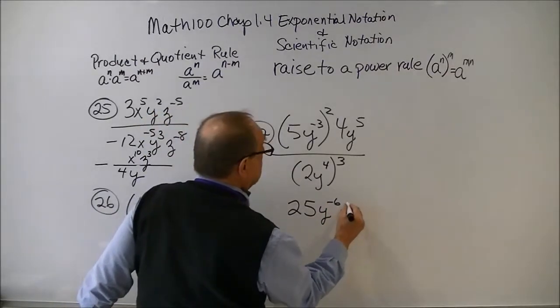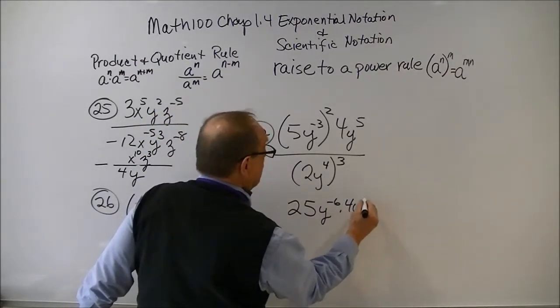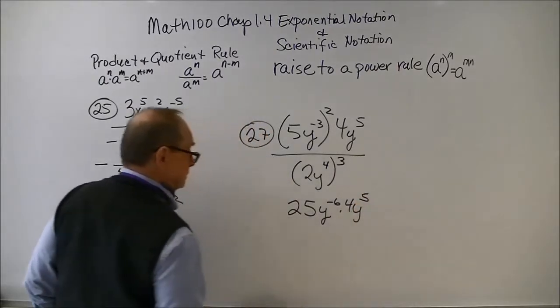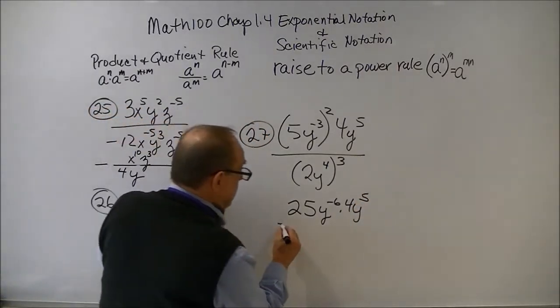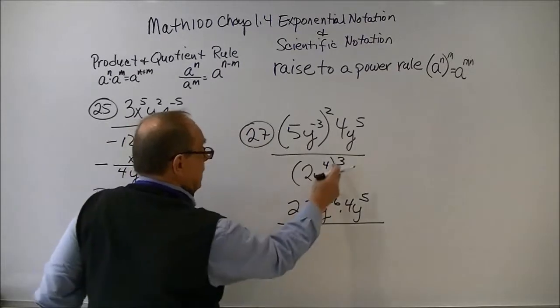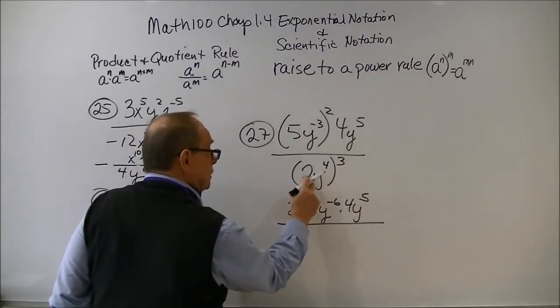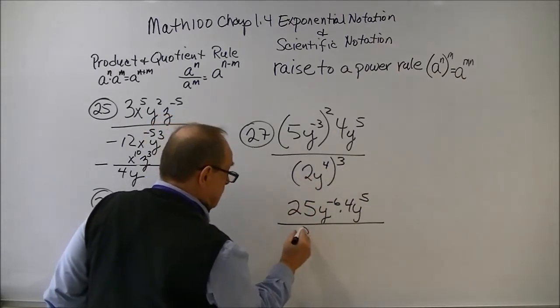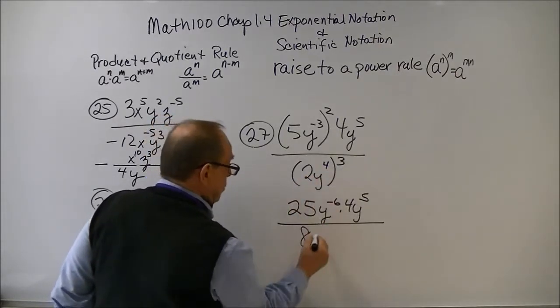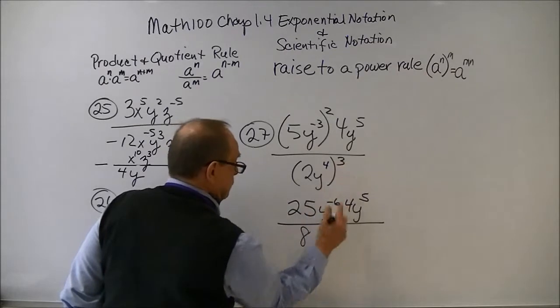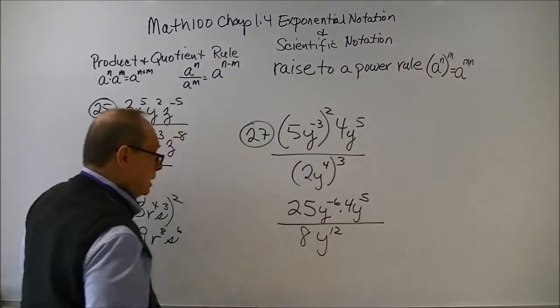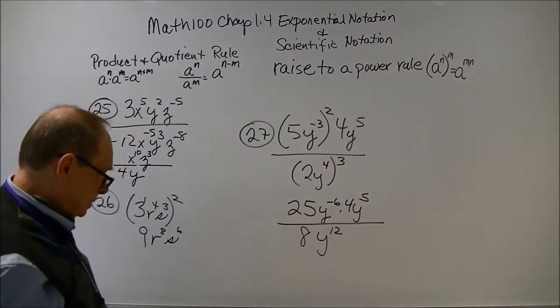And then it's times 4, y to the 5th. Then in the bottom, we're going to get 2 cubed, or the 3rd power of 2, which is 8, y to the 12th. So we did some simplification.